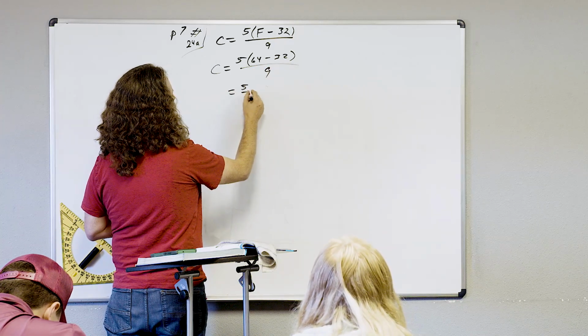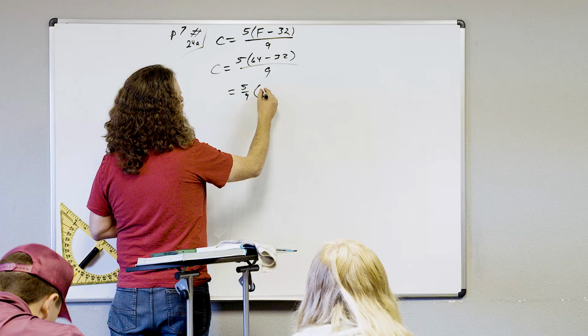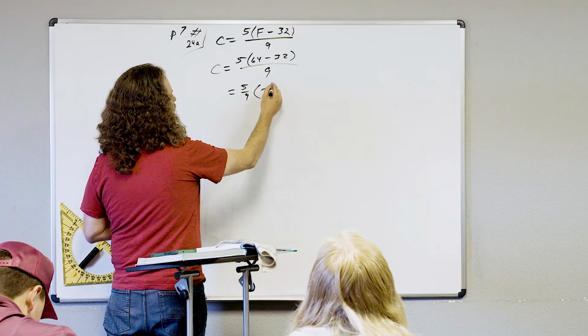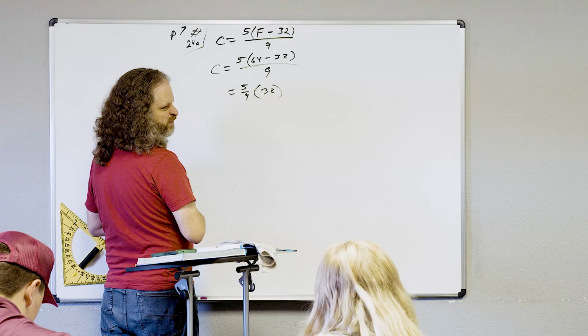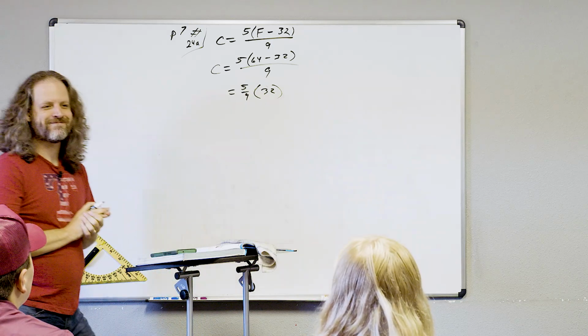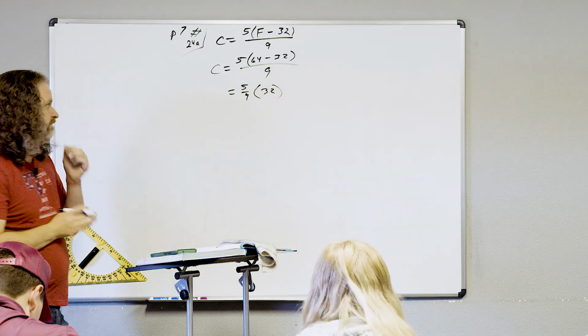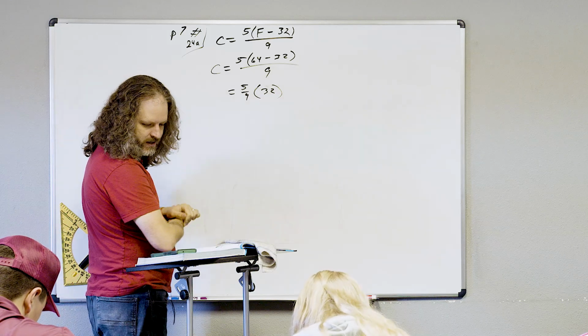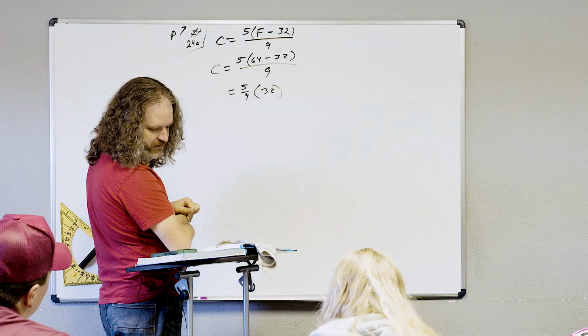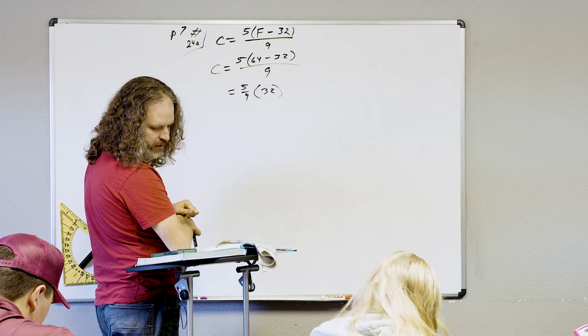So we get 5/9 times 32, and whatever that is. Enter. 5 times 32. Wait, can you read out the answer for it again? 17.8 degrees Celsius to 22.8 degrees Celsius.